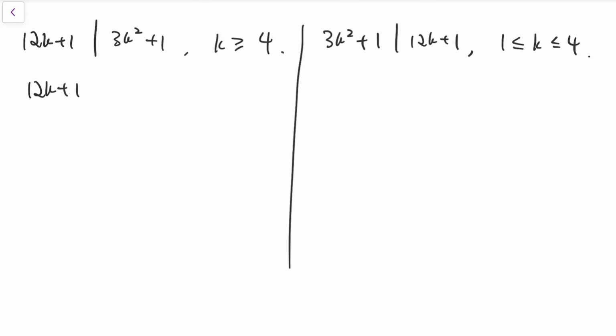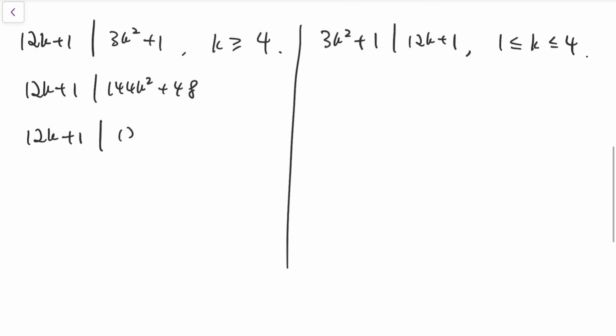So for the case at the left, I can use a similar trick like before, but this time I'm going to multiply the multiple by 48 so that I have 144k squared plus 48, and to divide, I'm going to write that as 12k plus 1 times 12k minus 1 plus 49.